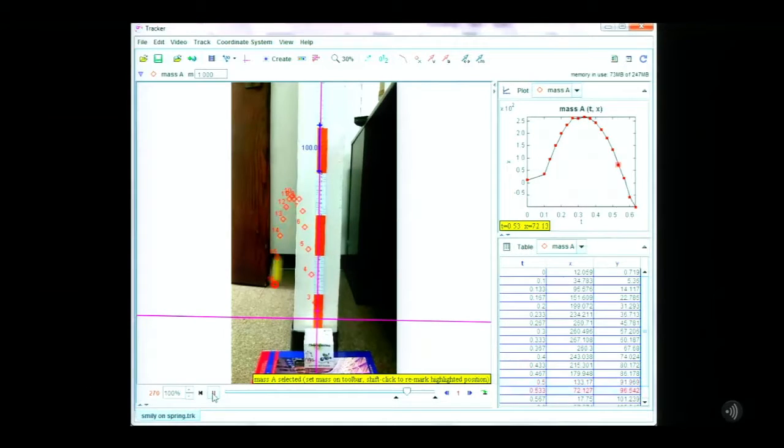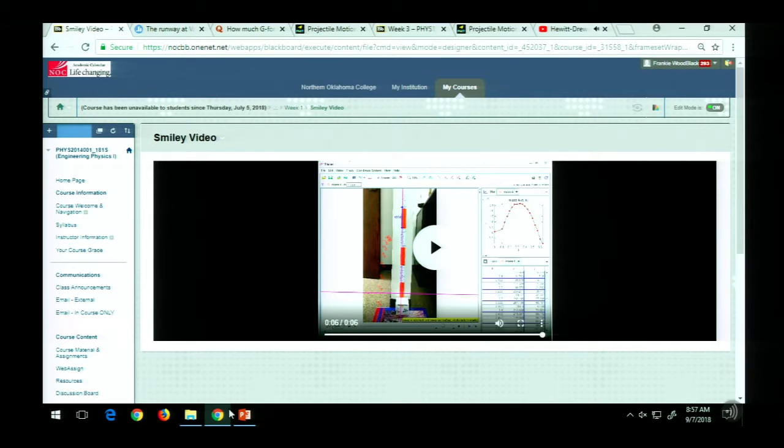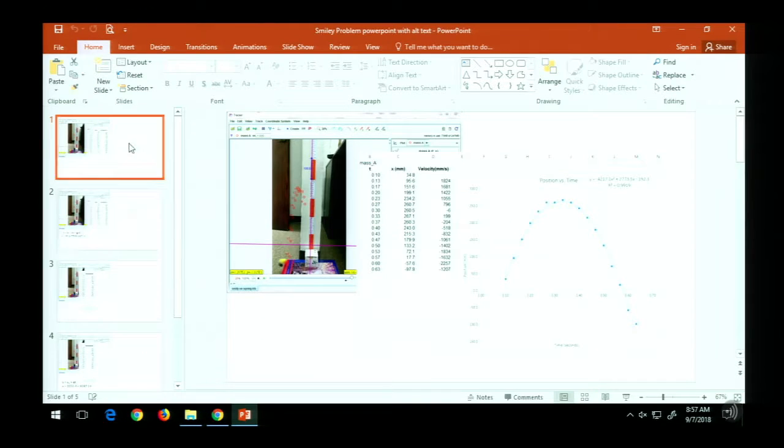But this is the actual video of the data that you're about to see. So let's look at it again. I go up and it comes straight back down. Whether or not I can perfectly get the image on there, I have to make that assumption. So what did I do? Let's go to the slideshow here.